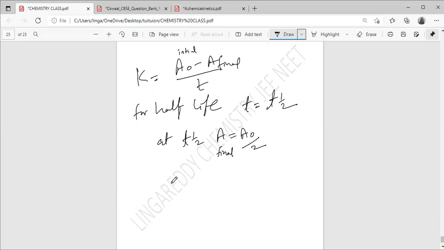So we can say A0 by 2 only if the time is half, because half-life means only half. So the formula is k equal to A0 minus A by t.